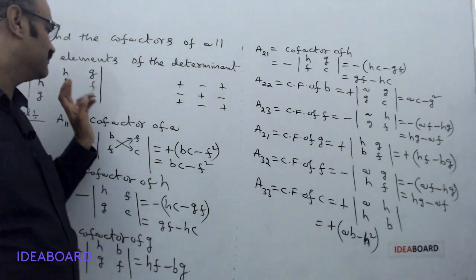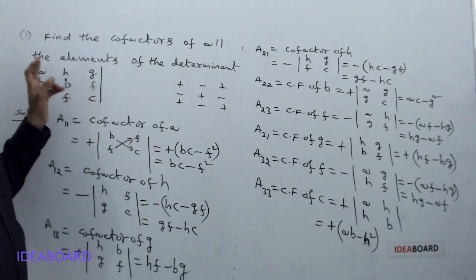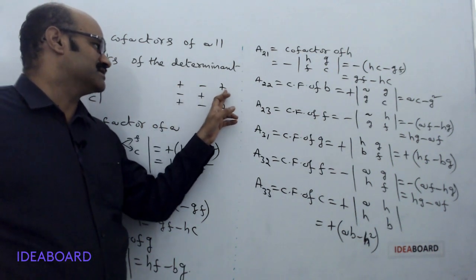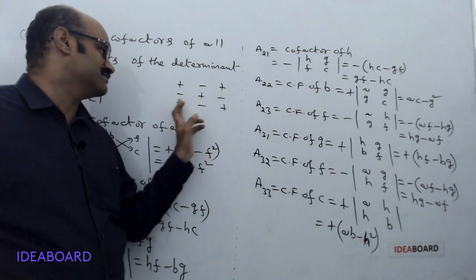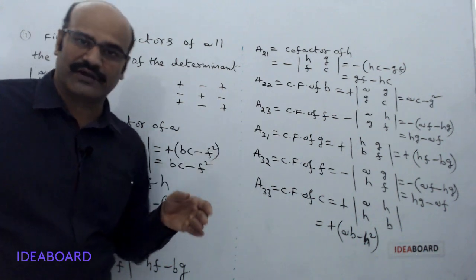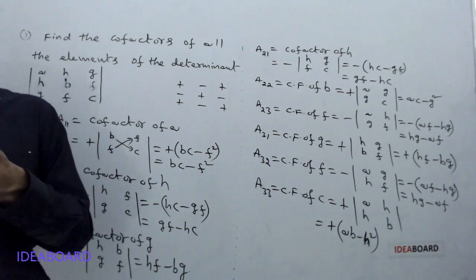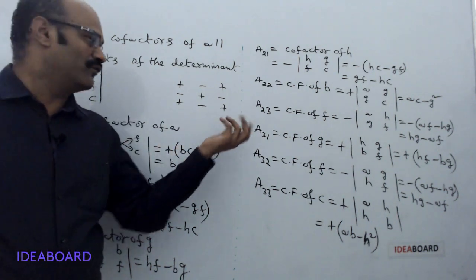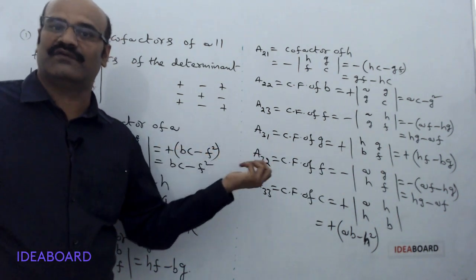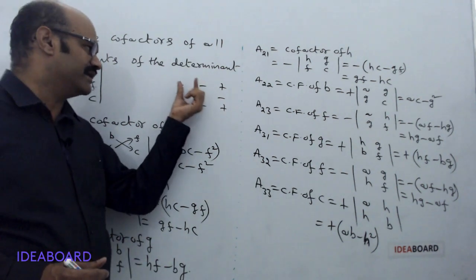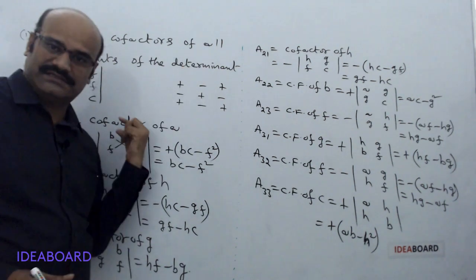So whenever you have a determinant of 3 by 3, we can take the signs directly: plus minus plus, minus plus minus, plus minus plus. No need to write the formula minus 1 whole power i plus j into minor of aij. Whenever cofactor of aij is there, that is the formula. So no need to write, you can write directly the signs.